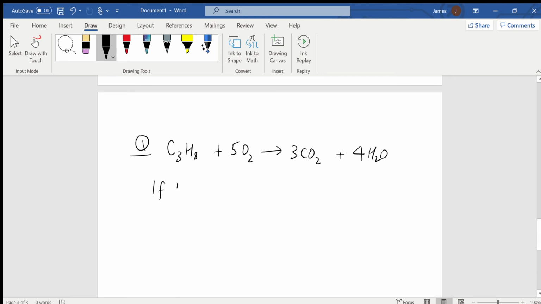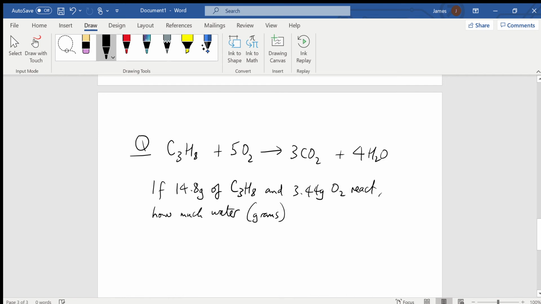Okay, and the question says, if 14.8 gram of propane, C3H8, and 3.44 gram of oxygen react, let's see, how much water in grams is produced.